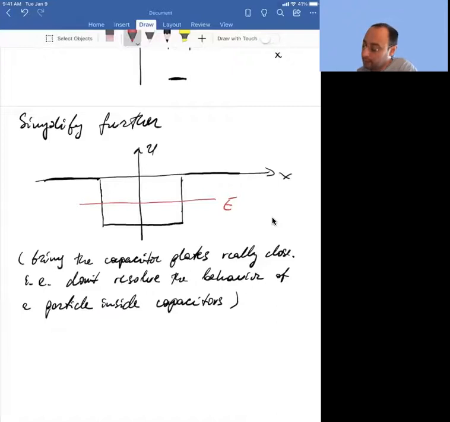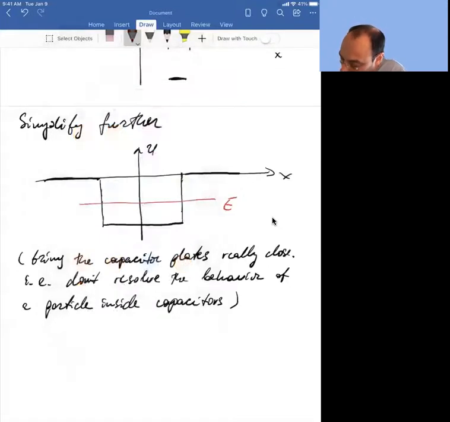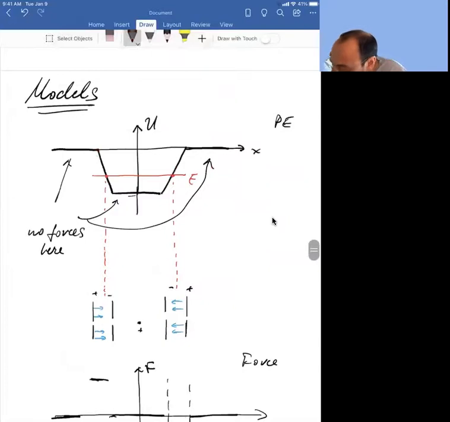Well, in between these two points, let's say x plus and x minus, it coasts along with a constant speed, and then it just stops and turns back. We're not resolving the slowing down that takes place inside the plates. It happens over a very short distance.